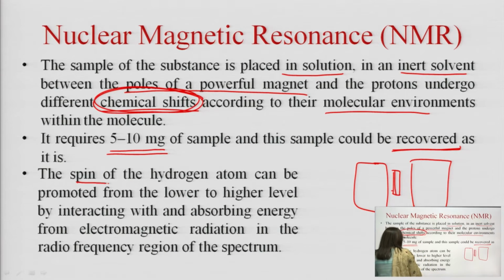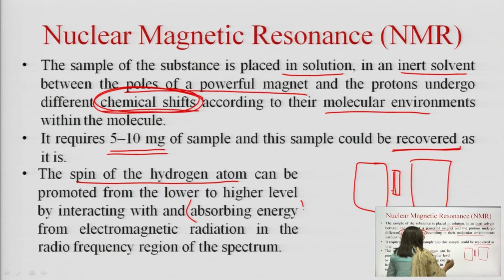The spin of the hydrogen atom can be promoted from a lower to a higher level by absorbing energy from electromagnetic radiation in the radio frequency region of the spectrum.